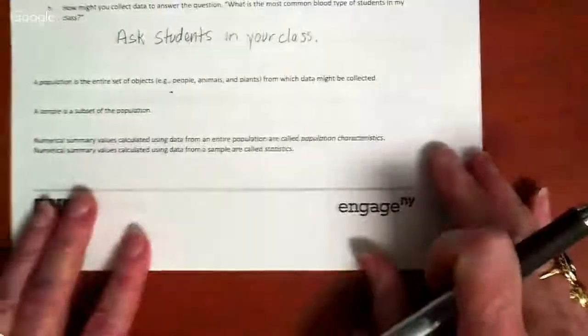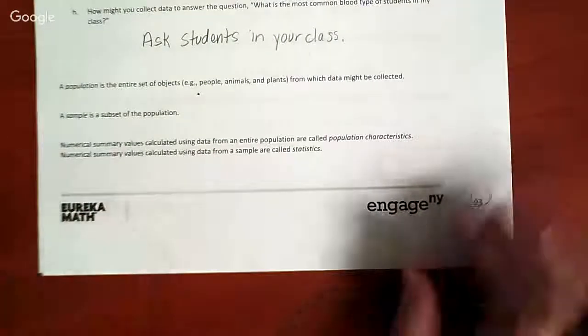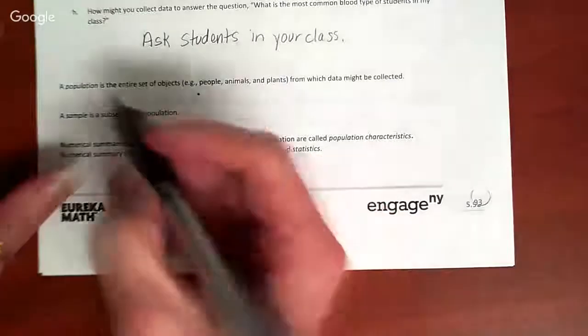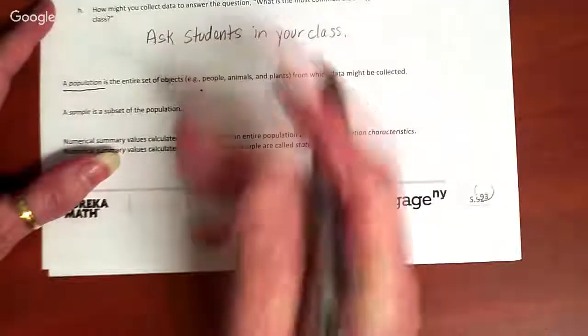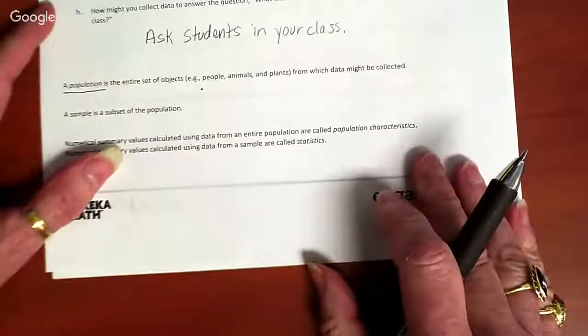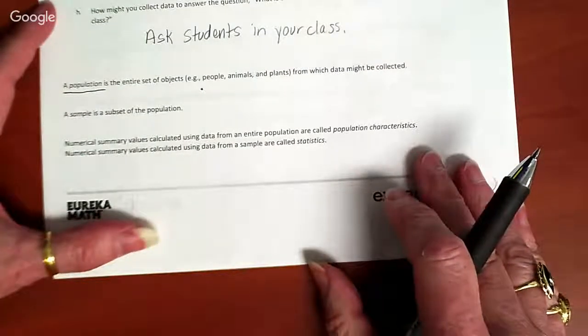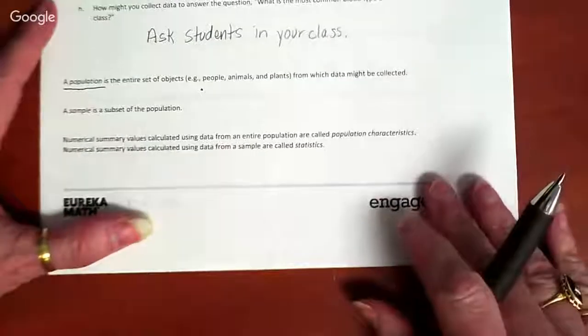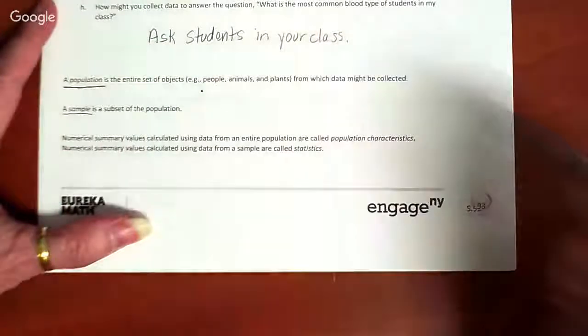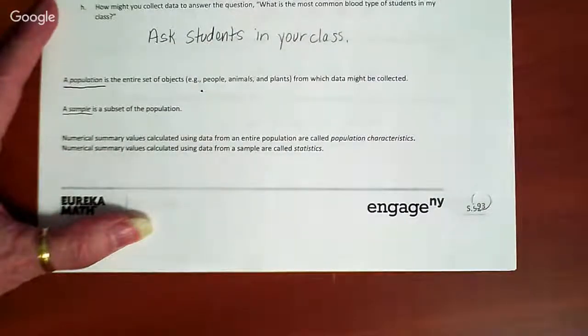Now let's talk about a couple of definitions that you need to know. So first of all, a population, I would underline or highlight, is the entire set of objects, people, animals, plants, from which the data might be collected. A sample is a subset of that population.